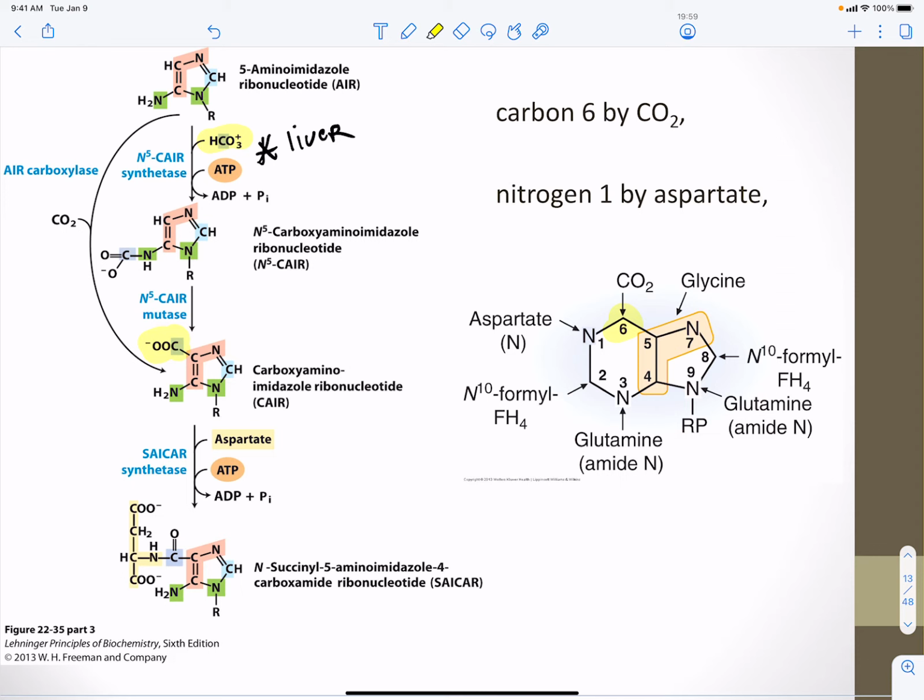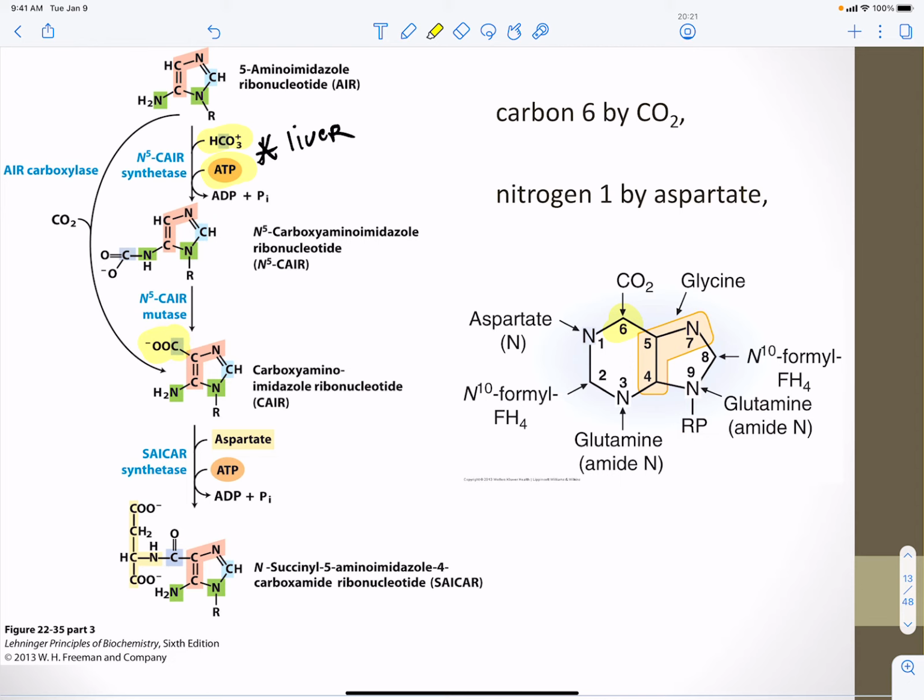And then we're also adding a carbon from our N10 formyl tetrahydrofolate, and that's going to come in next. So for the case of adding this carbon dioxide, you can see that we have 1 ATP used here, and that's going to help facilitate that carbon being added.